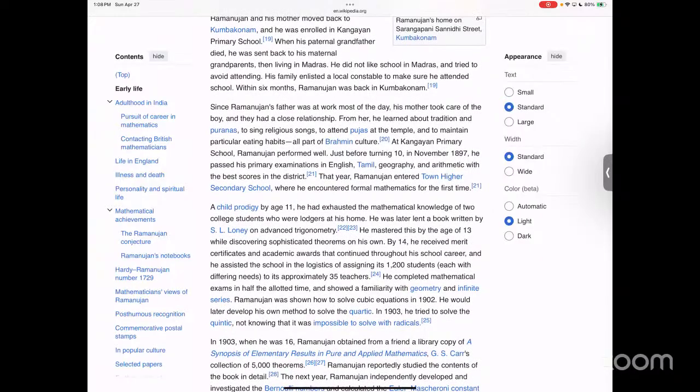A child prodigy by age 11, he had exhausted the mathematical knowledge of college students who were lodgers at his home. He was later lent a book written by S. L. Loney on advanced trigonometry. He mastered this by the age of 13 while discovering sophisticated theorems on his own.